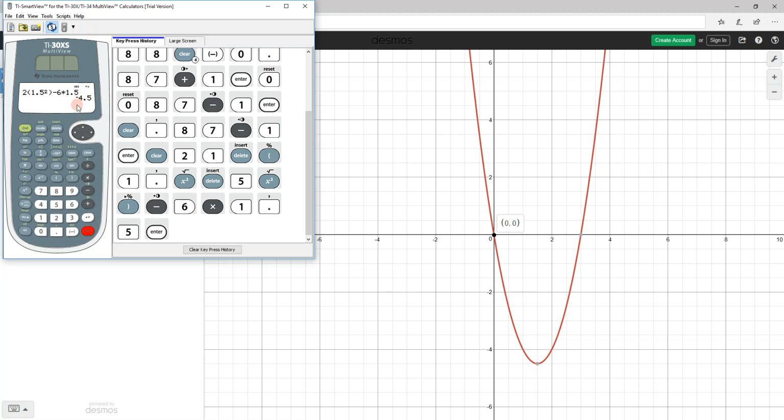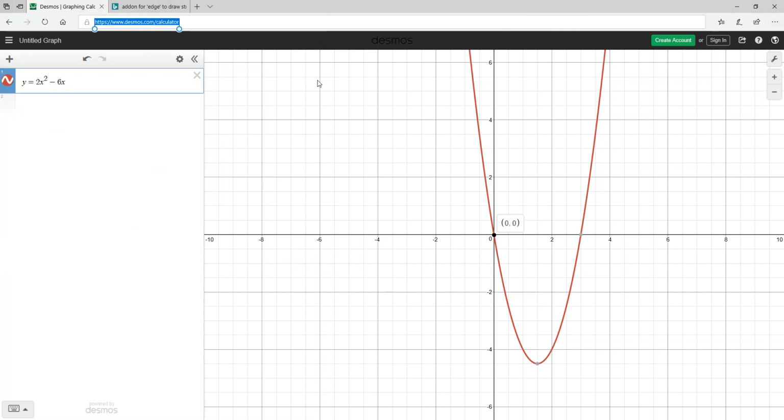So I can say my y-coordinate is going to be negative 4.5.